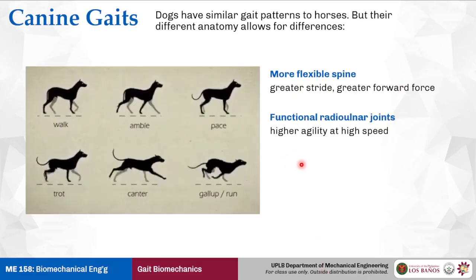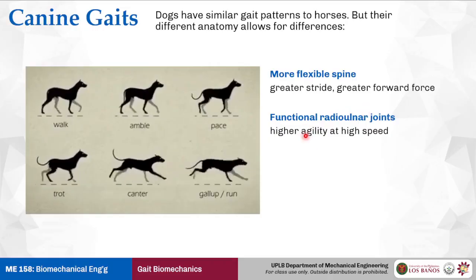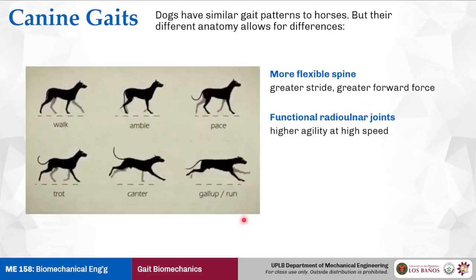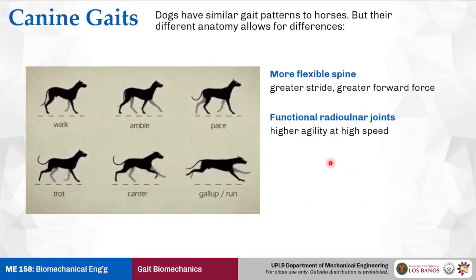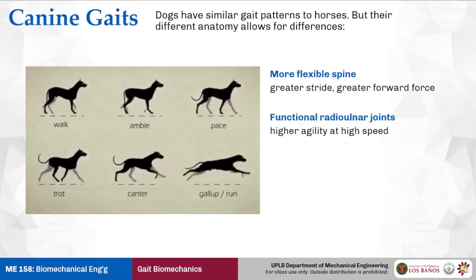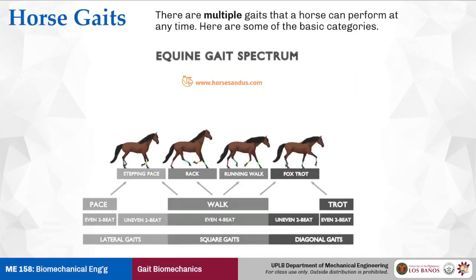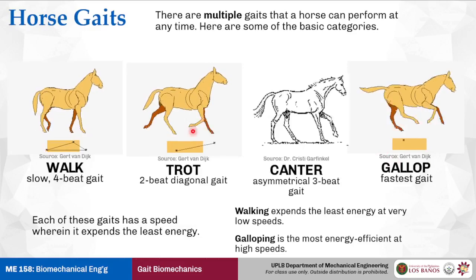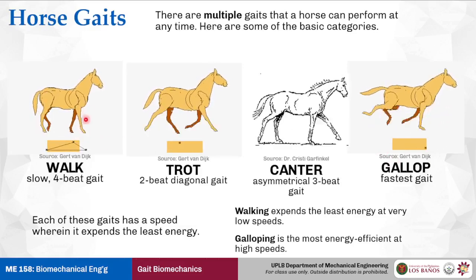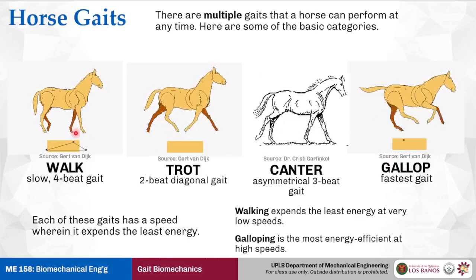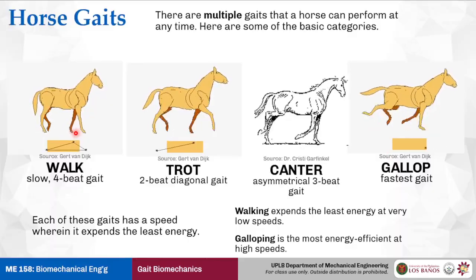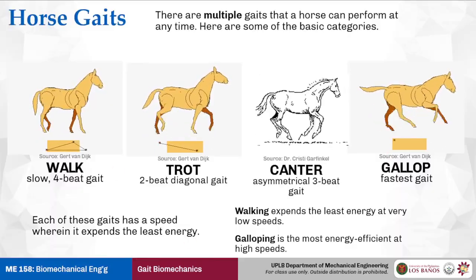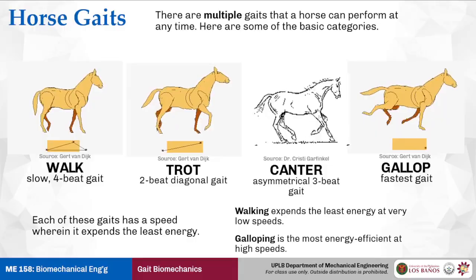Also, their radio-ulnar joints, their forelimb joints, do function. The problem with the horse is that its foreleg is very stiff, and that stiffness is actually an adaptation for endurance running.